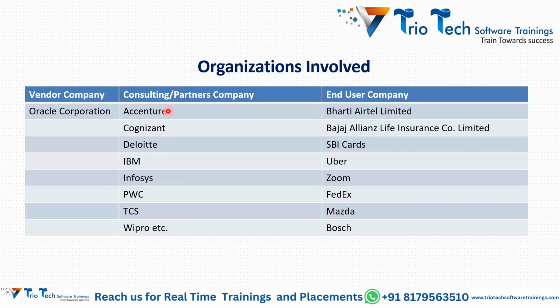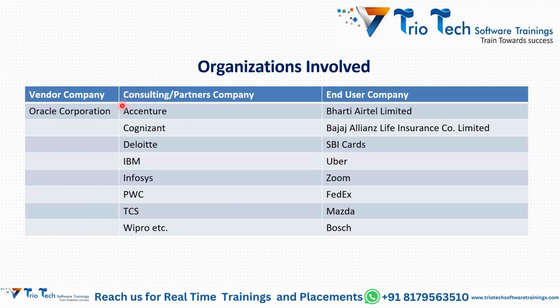You have some renowned names like Accenture, Cognizant, Deloitte, IBM, Infosys, PwC, TCS, Wipro, and many others. You have EY also here, and TechM, and many other small-size and mid-sized companies who have partnered with Oracle and are actively involved in the implementation of the Oracle Fusion product across the globe.